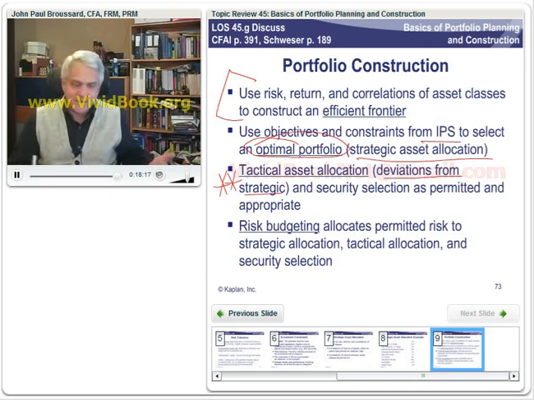It doesn't mean, if you think of it this way, if the tactical asset allocation becomes the primary decision and we're always deviating from it, maybe there's a problem with our strategic asset allocation.